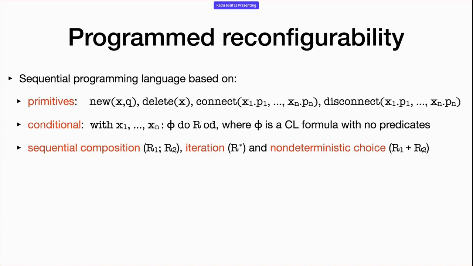And if the formula matches somewhere in some part of the network, the free variables get instantiated to the components where that matches. And then the body of the conditional is executed in interleaving with the interactions. Yeah, and we can also combine these primitives and conditionals with sequential composition, iteration, and non-deterministic choice. So we have a full programming language now.